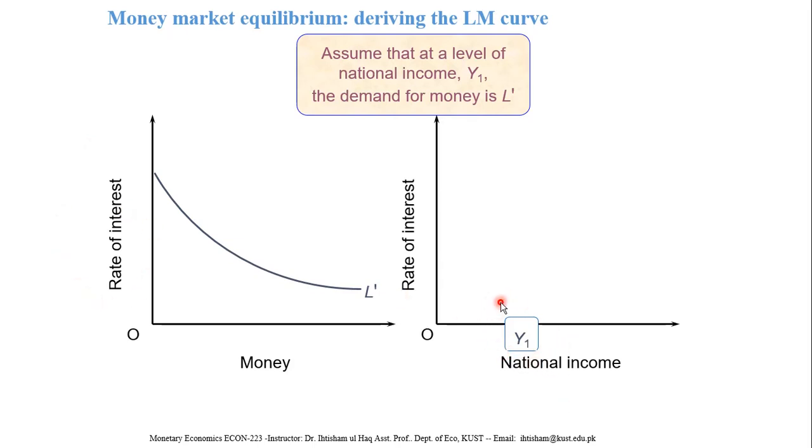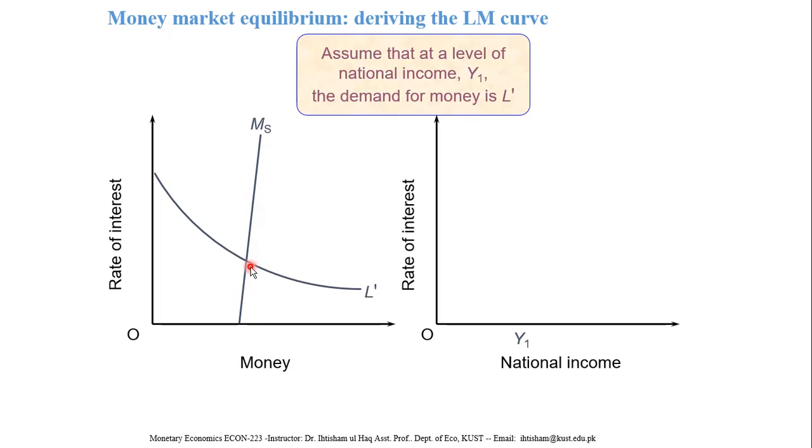It is positively related with national income, while it is negatively related with the rate of interest. In a given period of time, the supply of money is constant. We mark this curve as MS, and it shows the supply of money.